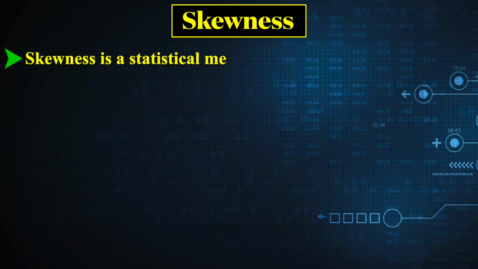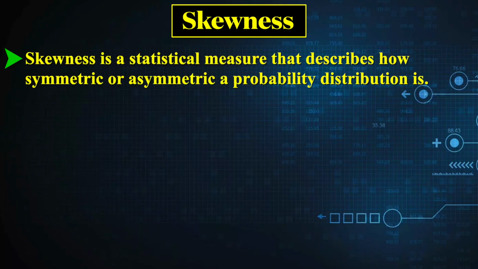Skewness is a very important feature, and many research papers have used skewness in their work. Skewness is the statistical measurement that describes how symmetric or asymmetric a probability distribution is.